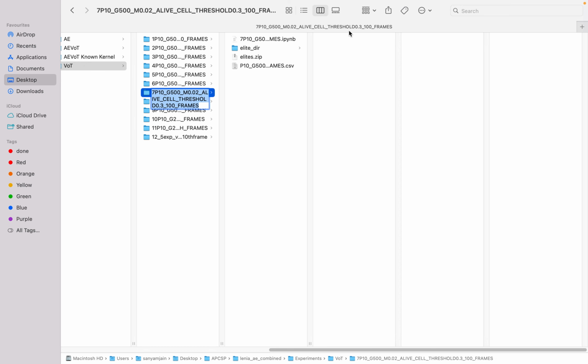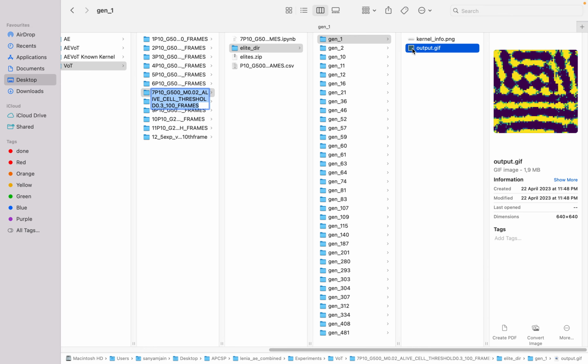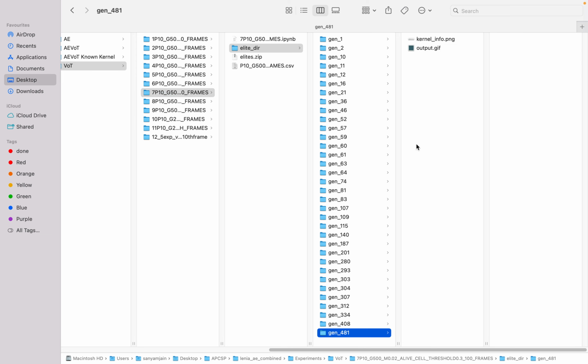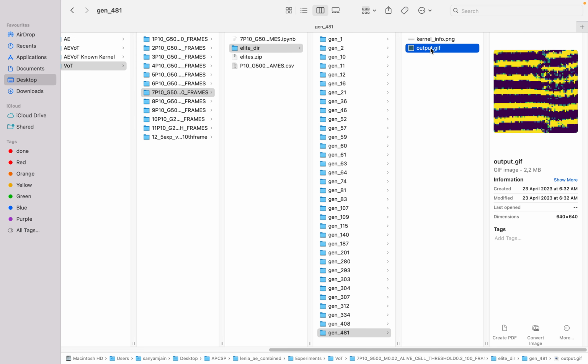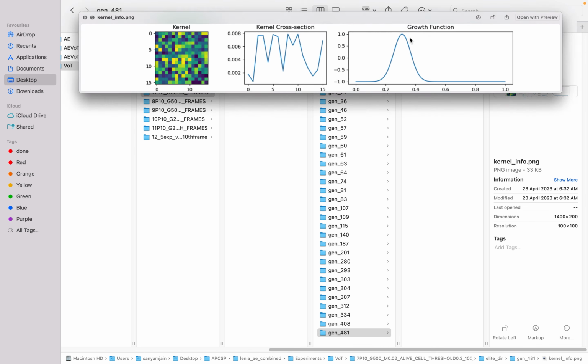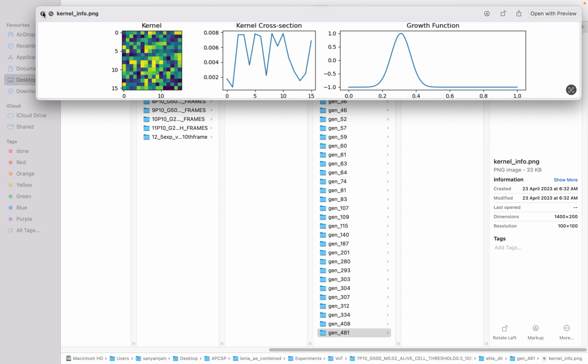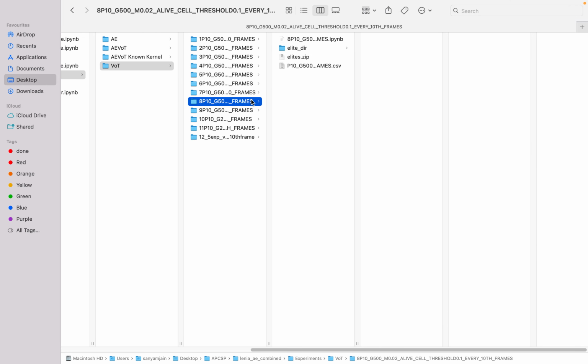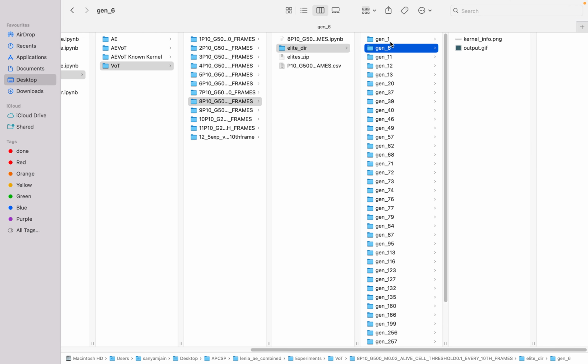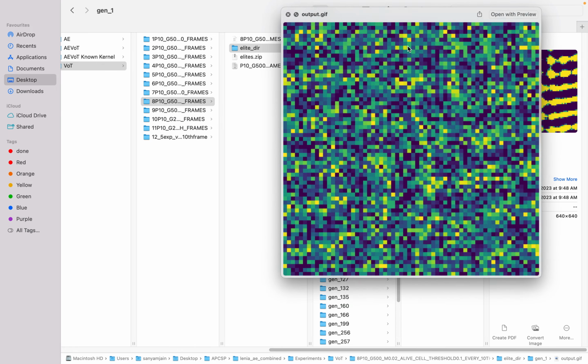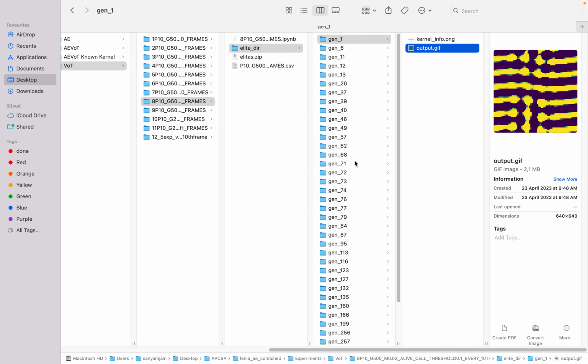We are checking the configuration 100 frames and threshold 0.3, and the output for the 0th generation looks like this, and for generation 481 it looks like this. And again the kernel info.